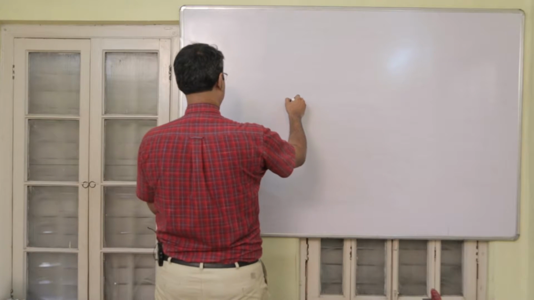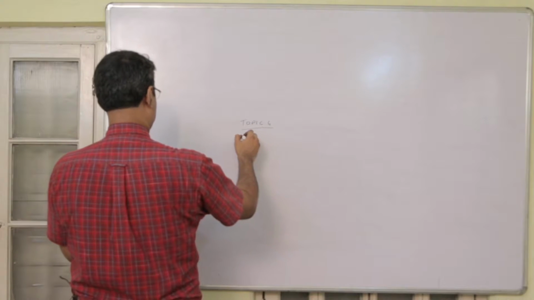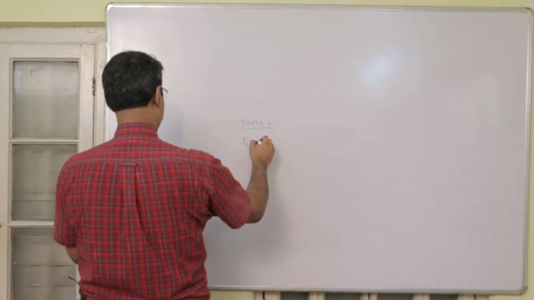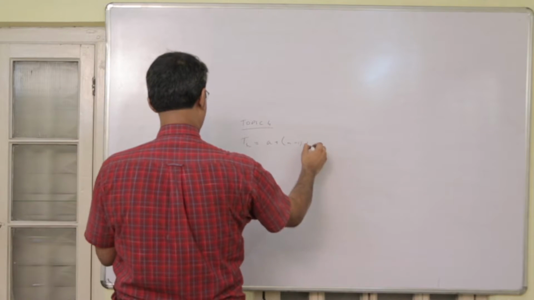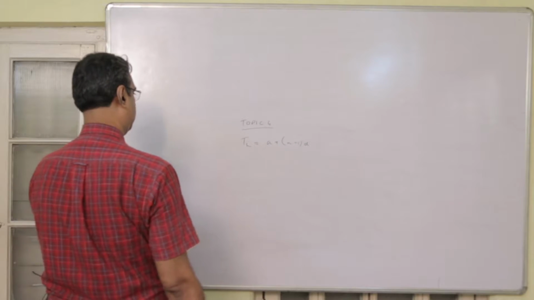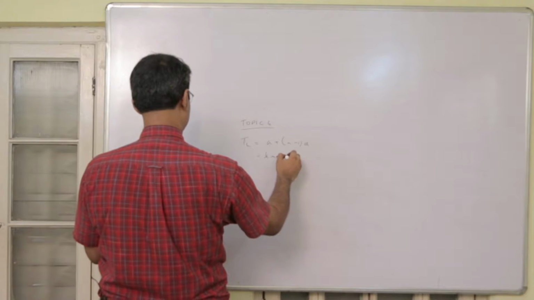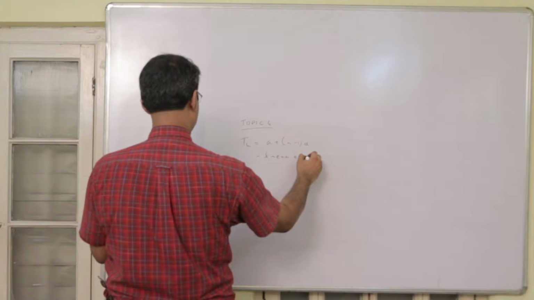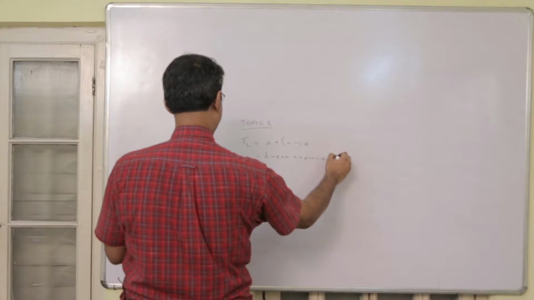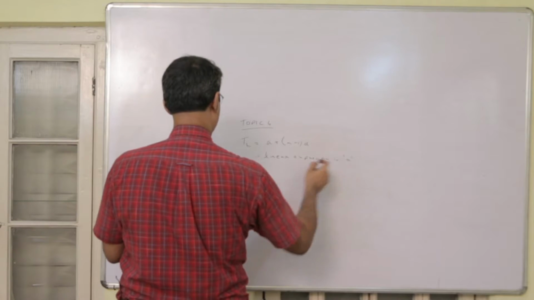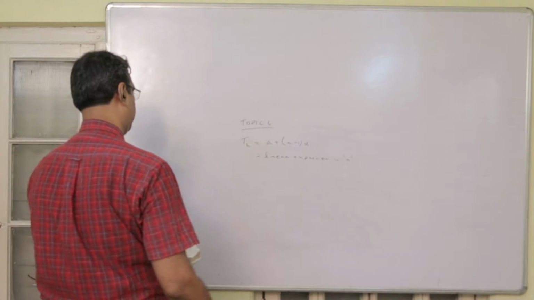Now we come to topic 4. In any arithmetic progression, the nth term is a plus n minus 1 into d. So that means the nth term is a linear expression in n.